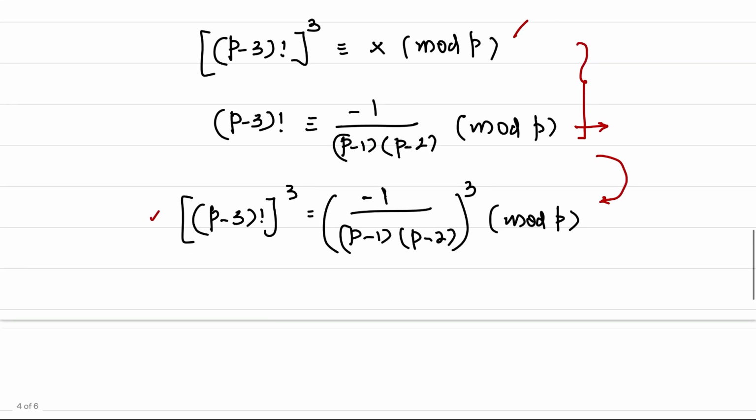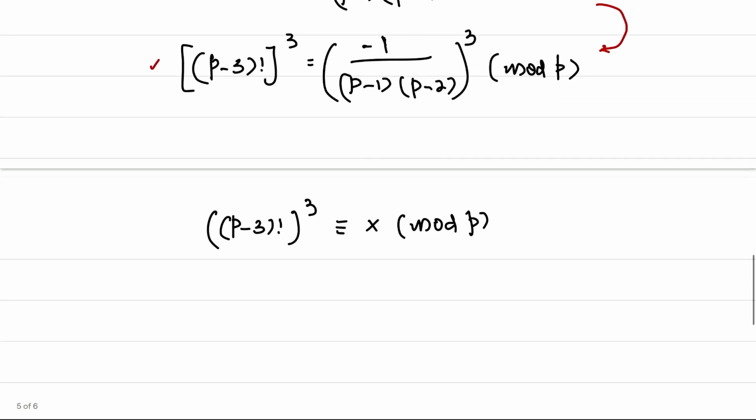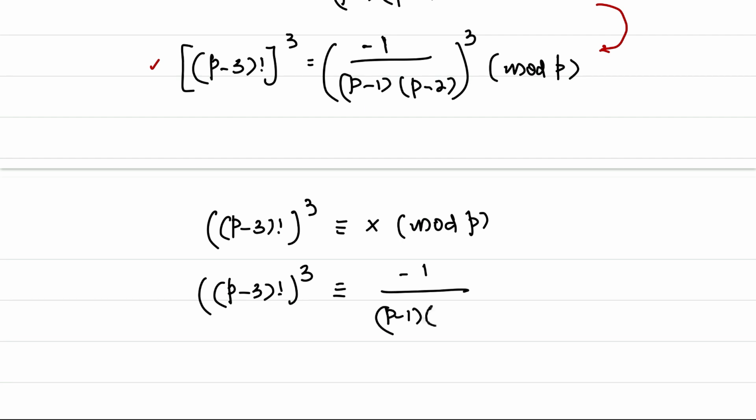That means we have got two important equations now. One is (P minus 3 factorial) whole cube equivalent to x mod P, and the second equation is (P minus 3 factorial) whole cube equivalent to minus 1 by (P minus 1) into (P minus 2) whole cube mod P. Are you looking at some similarity in both the equations?